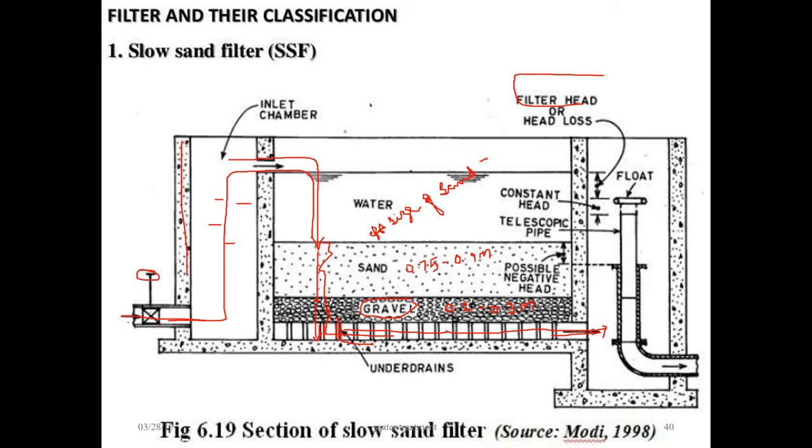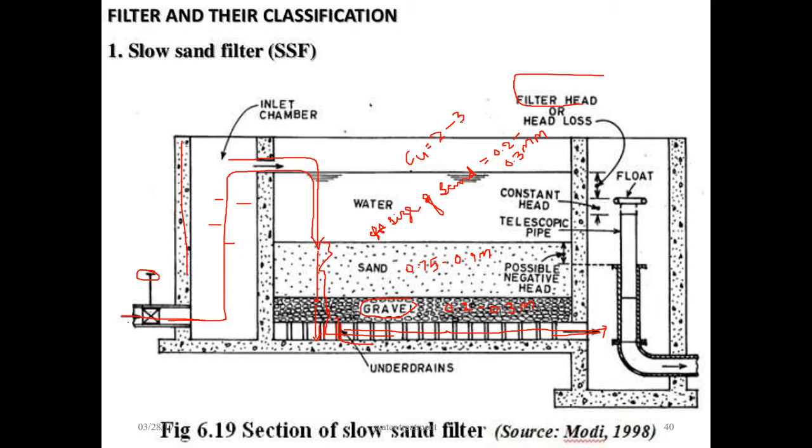Effective size of the sand is how much? 0.2 to 0.3 mm. The uniform coefficient is 2 to 3.